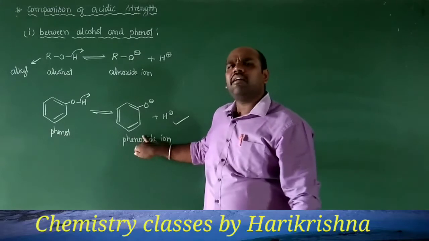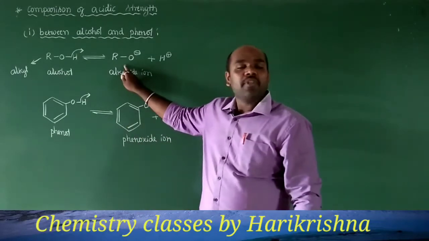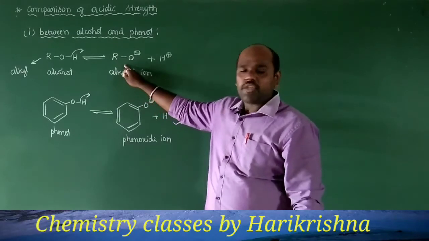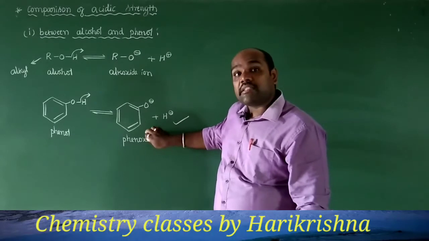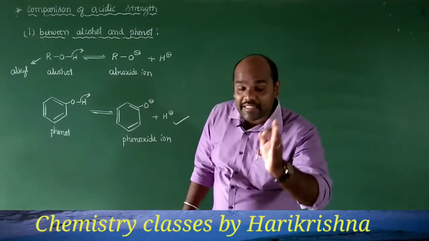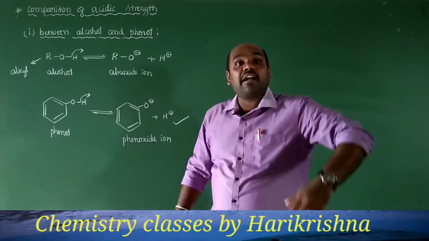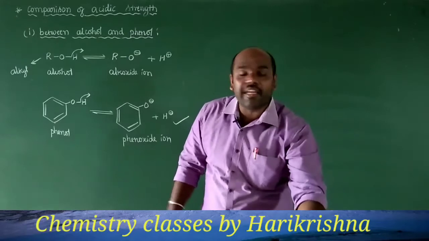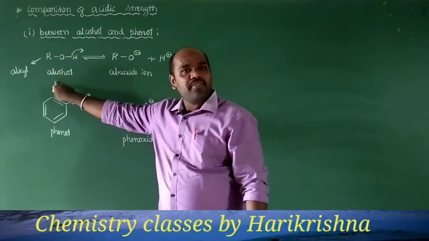So phenoxide ion is more resonance stabilized compared to alkoxide ion. Due to resonance stabilization, phenoxide ion is more stable compared to alkoxide ion, in the sense formation of phenoxide ion will occur more fastly compared to formation of alkoxide ion from alcohol.